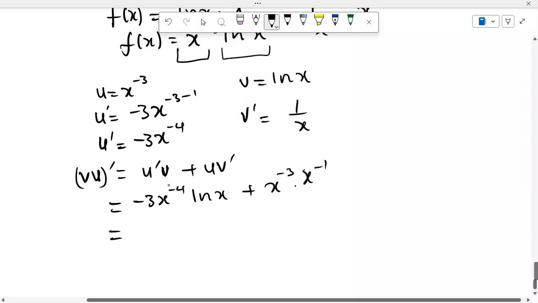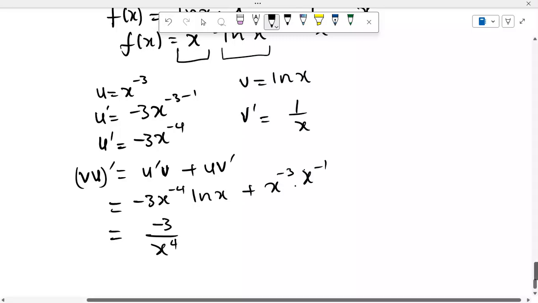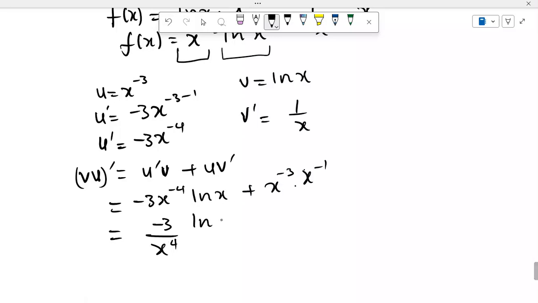So this is the same as negative 3 over x to the power 4 by indices. The negative power becomes positive at the denominator, natural log x. Plus, when you're multiplying the same base, you add the powers, so this is x to the power 3 plus negative 1, which is negative 4.